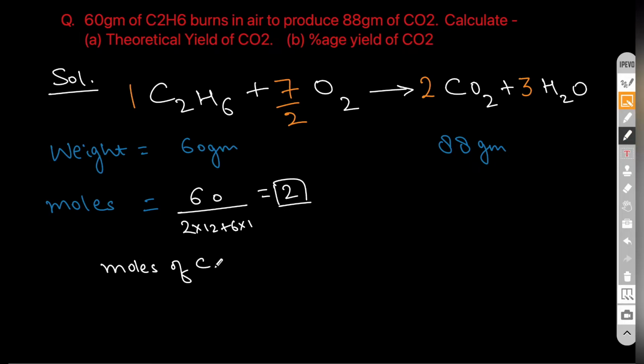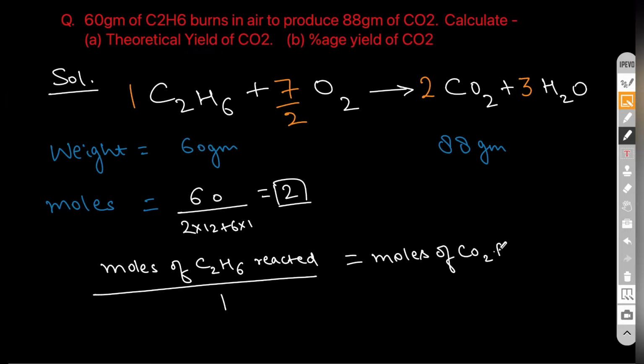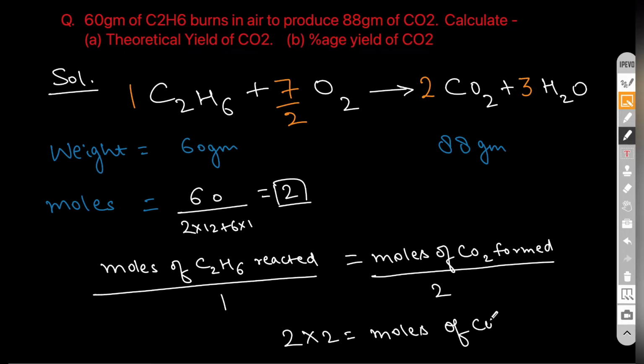Here 1 is the stoichiometric coefficient, so we'll write moles of C2H6 reacted divided by 1 should be equal to moles of CO2 formed divided by 2, which is the stoichiometric coefficient for CO2. Now putting the values, moles of CO2 formed will be 2 times 2, which is 4.